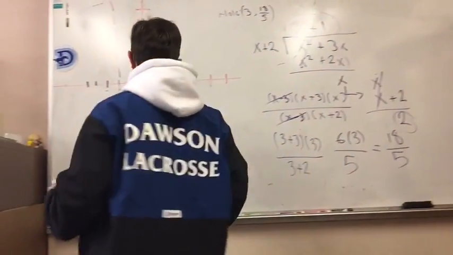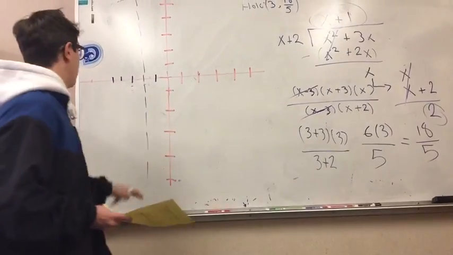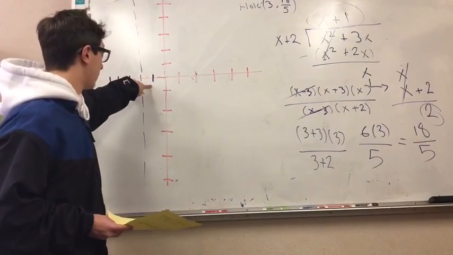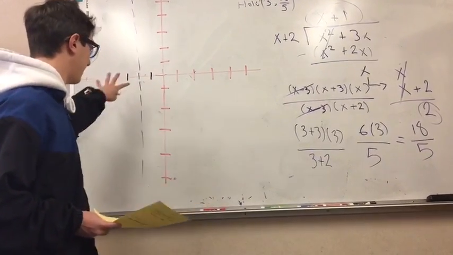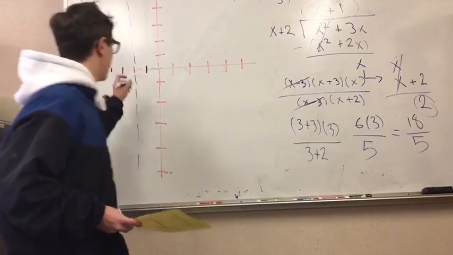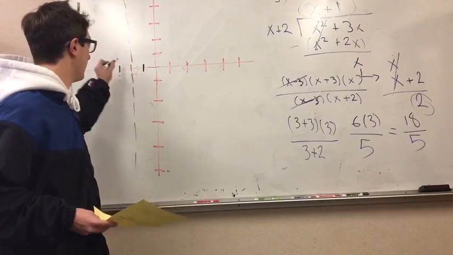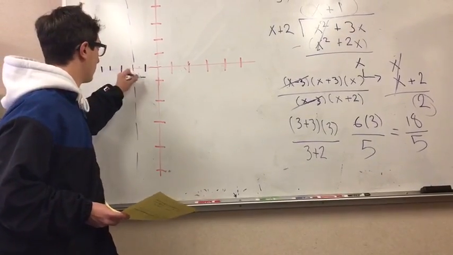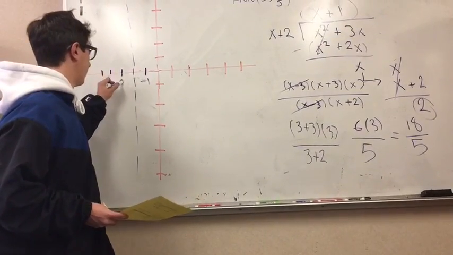So we'll come back to that. Now we're going to find out if these are going up or down. To find out, you plug into the equation two points near the vertical asymptote. So here we have -1, here we have -3.